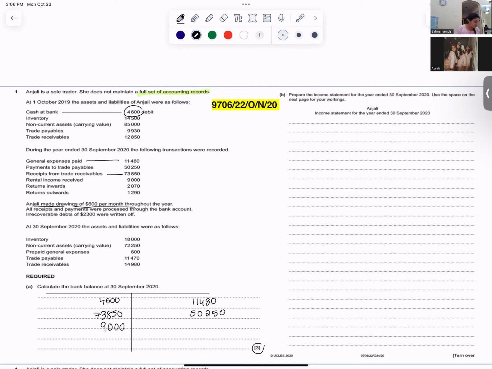How much money has gone out? $600 per month. So 600 into 12. So that is 600 into 12 is the drawings that she has made, 7,200. So now they want you to calculate the bank balance.